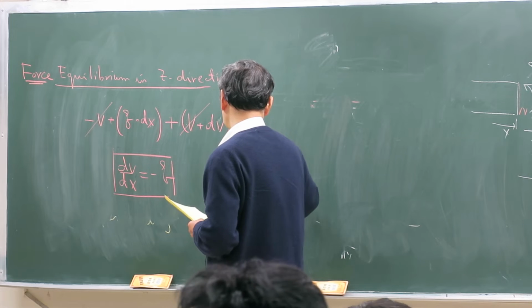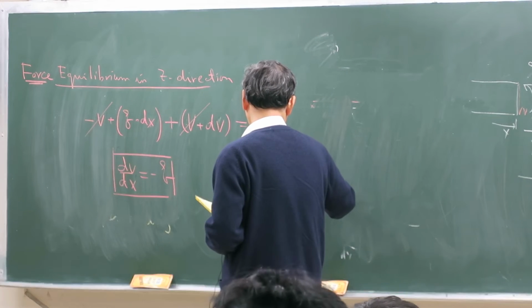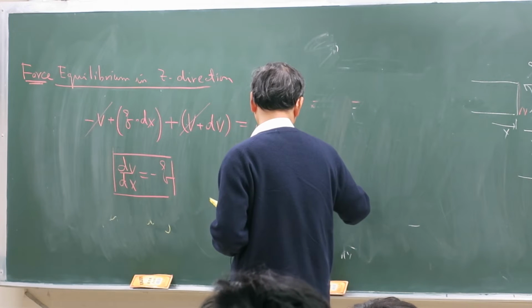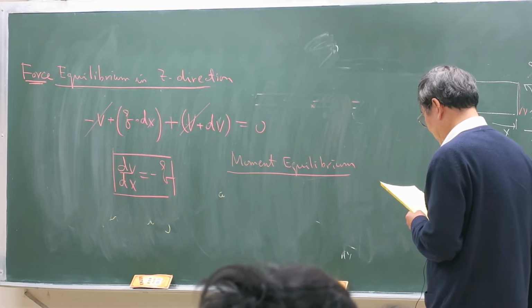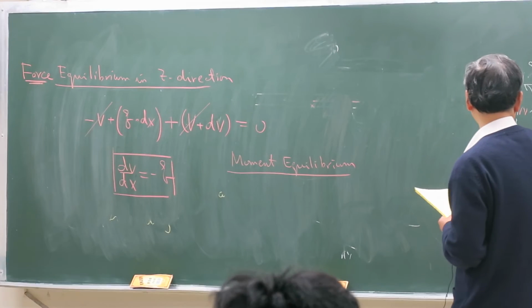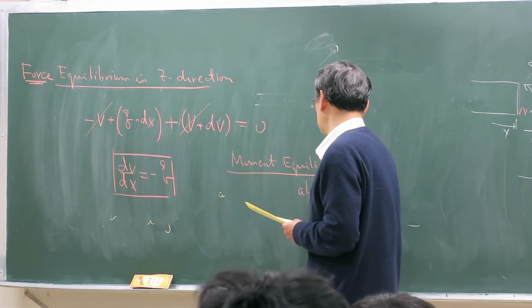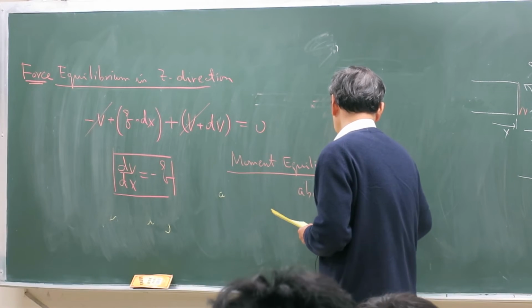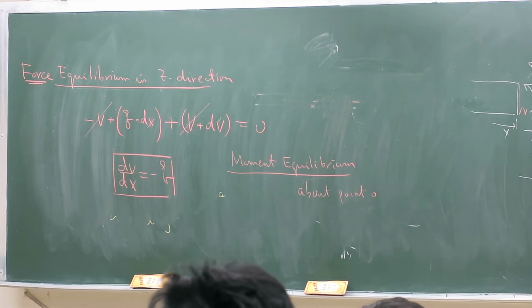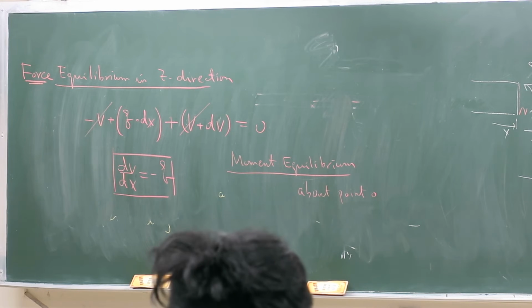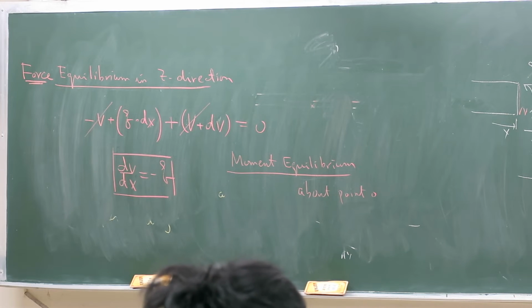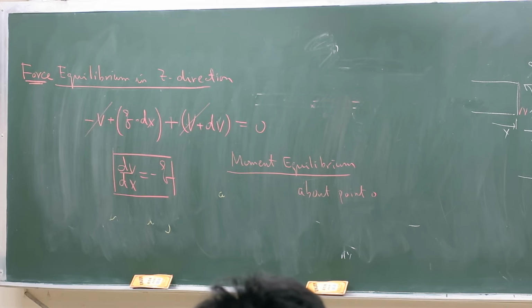And moment equilibrium. If we take moment equilibrium about point O, the shear force has no moment arm, so 0.